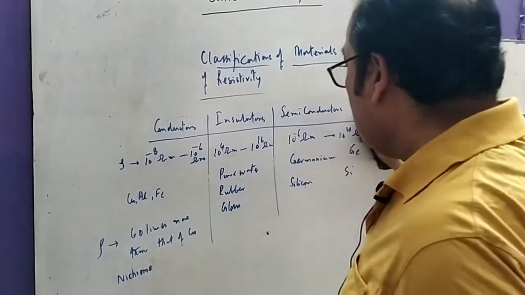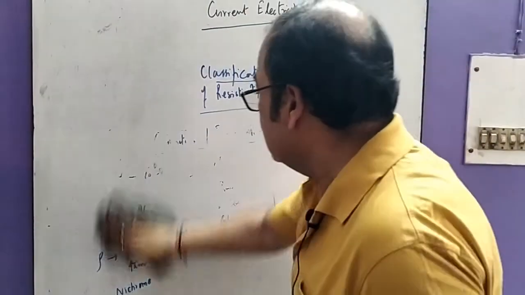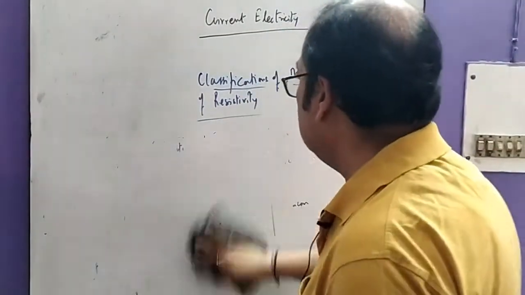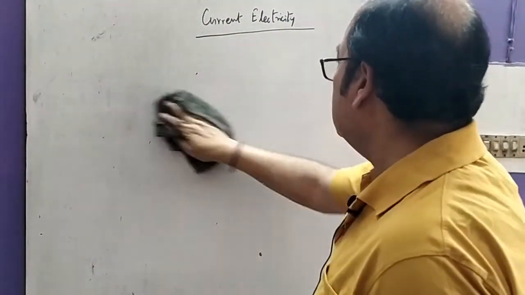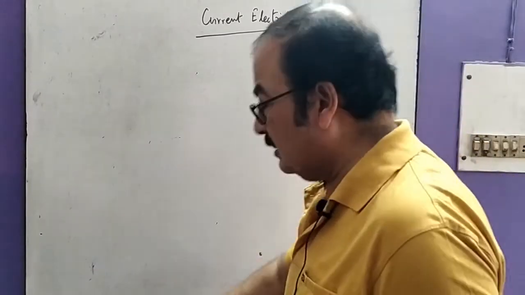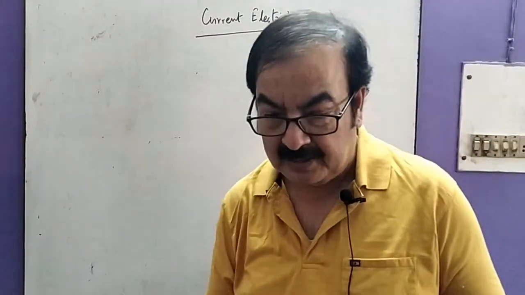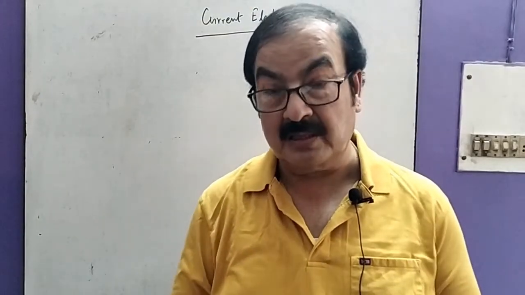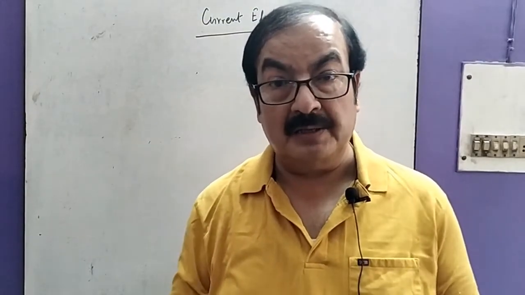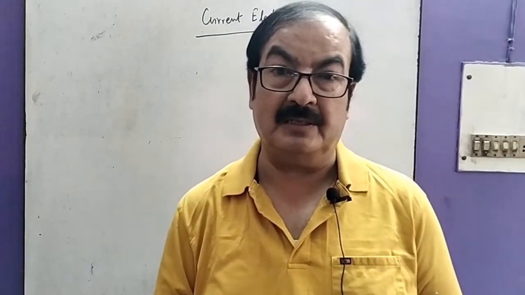Okay. After knowing this, conductors, insulators, resistivity, conductivity, etc., let us discuss some remaining things of resistance. That is how the resistances are made up, and how they are represented in commercial or industry.